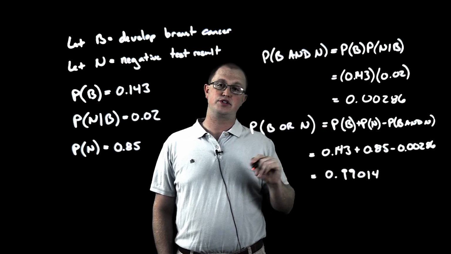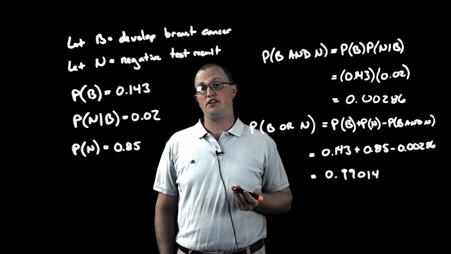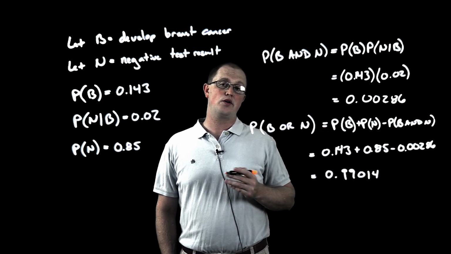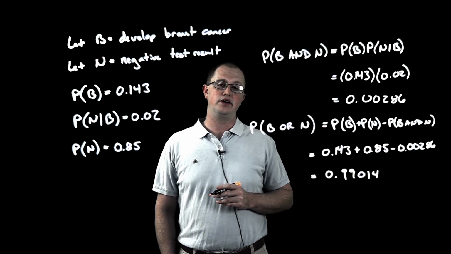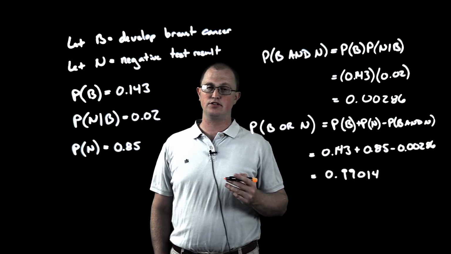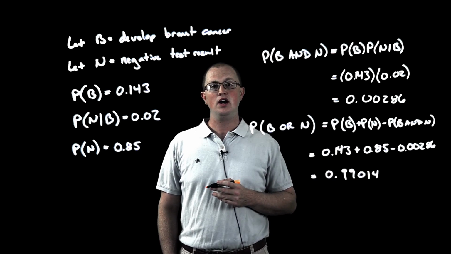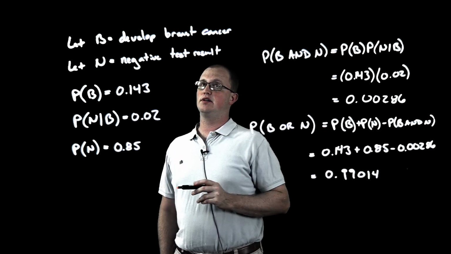And we have a 1% chance of a woman who does not have breast cancer being told that she does. And so a lot of work goes into these tests to making sure that these errors are as small as possible.